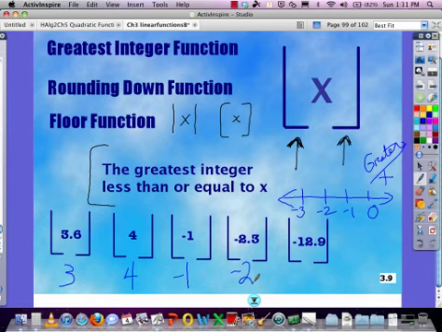So now think, if you're out here between -13 and -12, you're out here at about -12.9, and it's negative. The greatest integer less than or equal to that number would not be -13, which you're used to doing with normal rounding. It would be -12, because -12 is actually closer to greater than the -13.